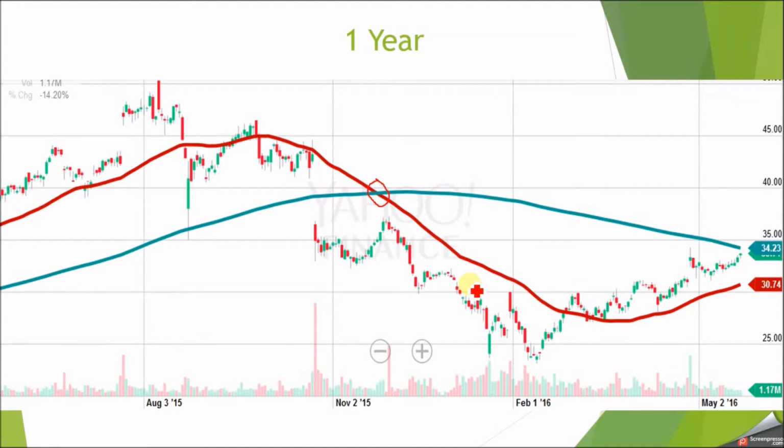Certainly can't break through the 200-day moving average throughout here, but eventually it does, and support the 50-day moving average, this red curve here. The candles are bouncing off of that, especially here. This candle right here is a very good indicator of strength, and as you'll see, it continues forward.